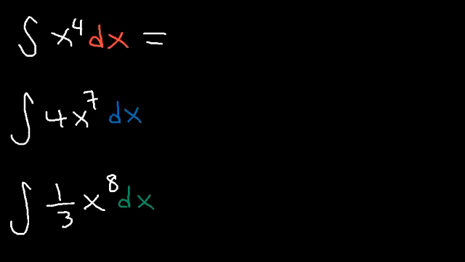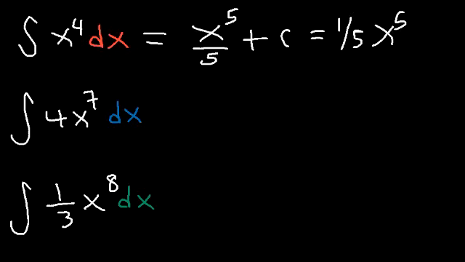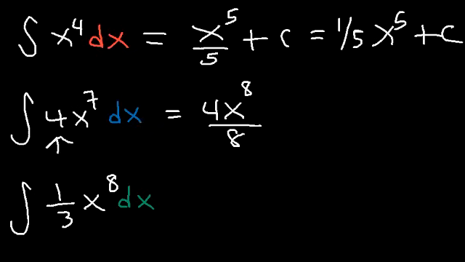So for the first one, we need to add 1 to the exponent. 4 plus 1 is 5, and divide by that number. So you can write it as 1/5 x to the 5th power plus c. Now for the next one, it's going to be 4, and then add 1 to 7, that's 8, then divide by 8. So if you see a constant in front, just rewrite it. Now 4 divided by 8 can be reduced to 1/2.